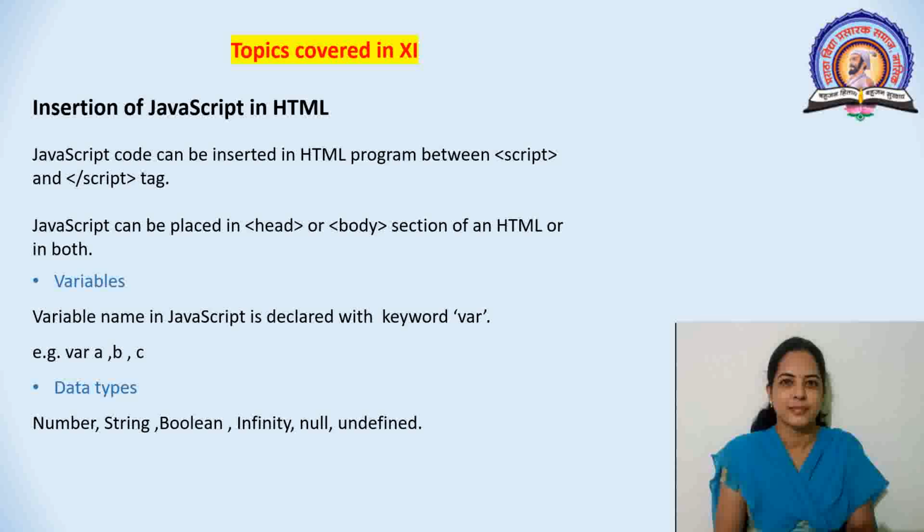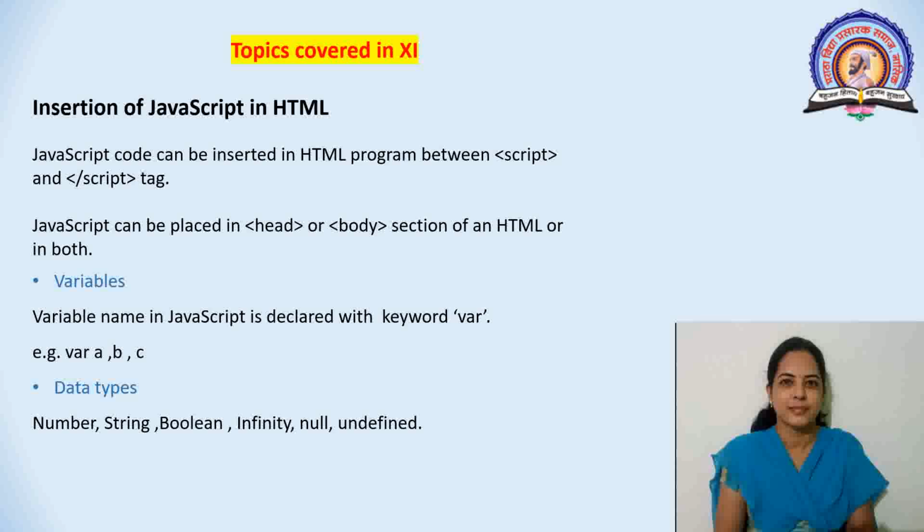Then in our JavaScript we use different variables. So how to name the variable? There are different rules for naming the variable. All the variables are declared with the keyword var, and the variable name must start with an alphabet.